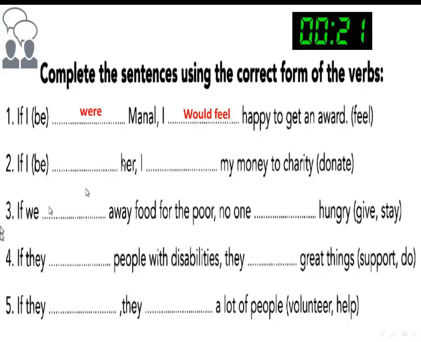Okay? Number 2, if I be her, so here be, the same thing. I with if, we should use were. Okay? So if I were her, I my money to charity.